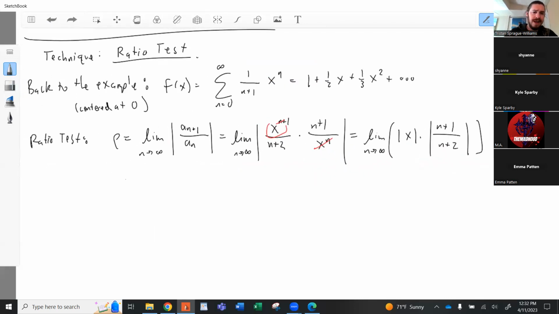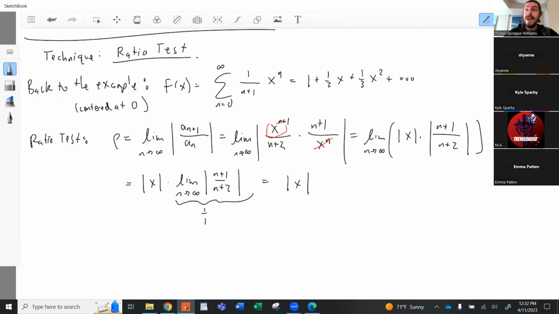So we can say now, this is the absolute value of x times the limit of the absolute value of n plus 1 over n plus 2. And that limit we know, right? We can compute that limit. This is just equal to 1 over 1 because it's a limit of a rational function, right? You take the ratio of those leading coefficients. So this all just equals the absolute value of x.